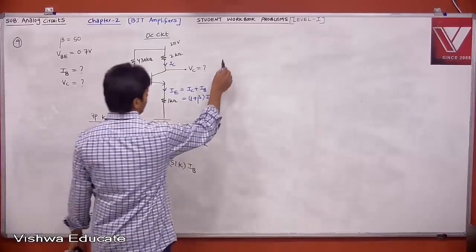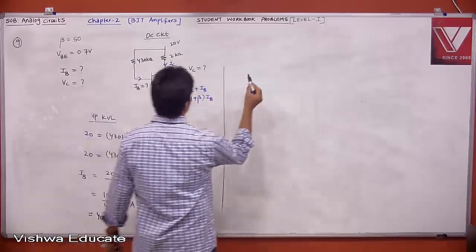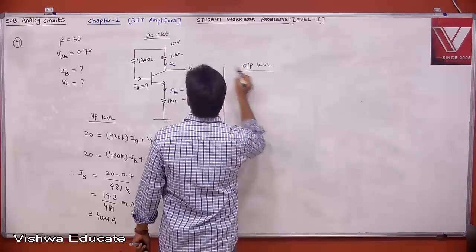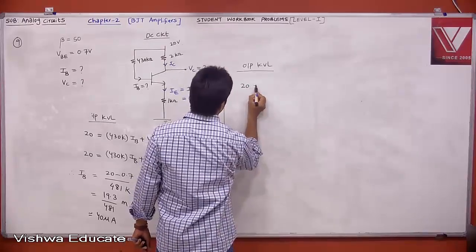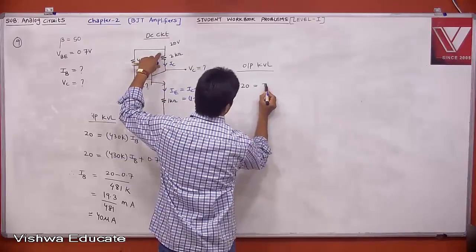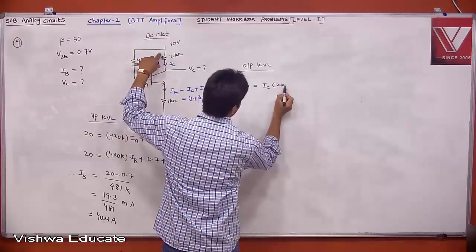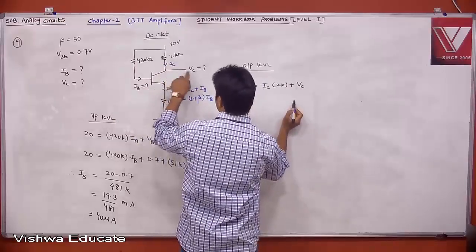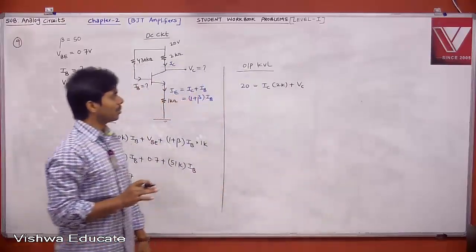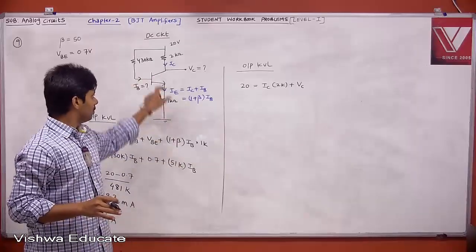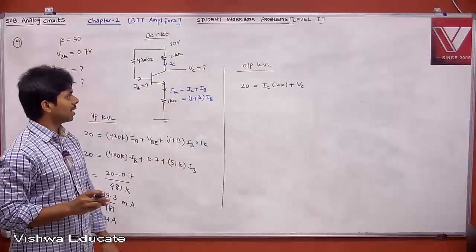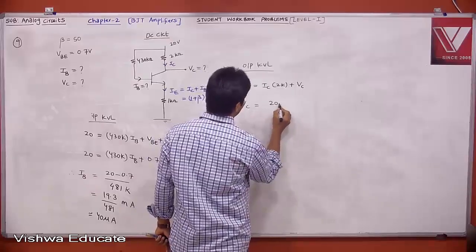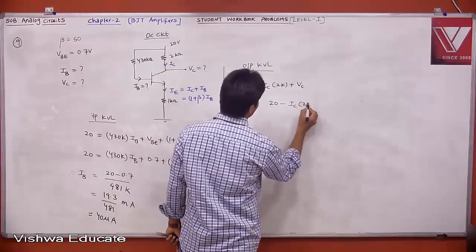Then apply output KVL. 20 is equal to the drop across 2K, IC into 2K, plus VC. That's it, because it's asking only for the voltage at collector, not VCE. Then you stop; no need to go to VCE, because it's asking only for the voltage at collector. Then VC is equal to 20 minus IC into 2K.